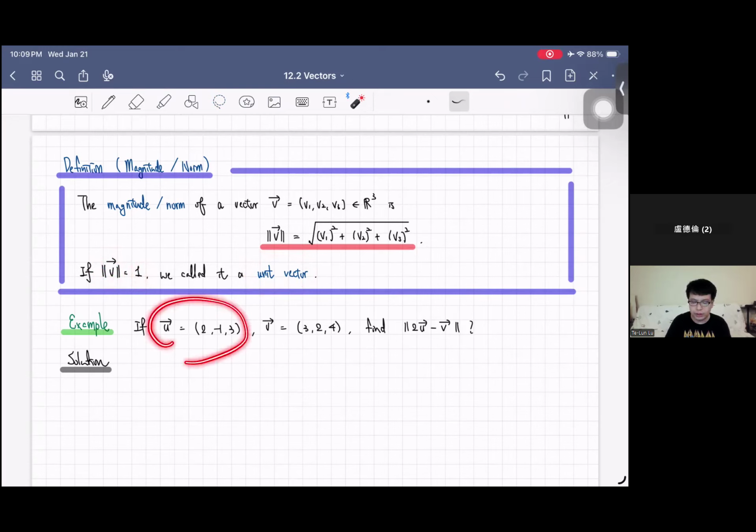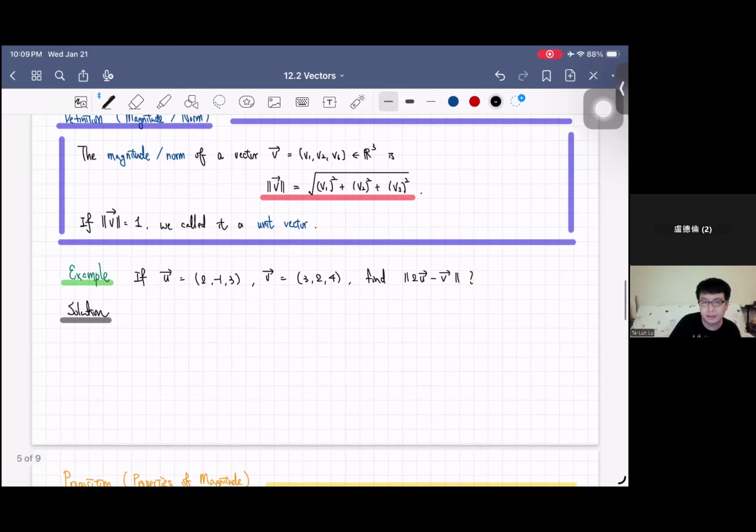Say the vector u has coordinates 2, -1, 3. v has coordinates 3, 2, 4. We want to find this guy. So let's do some vector calculus first. So what is 2u minus v?